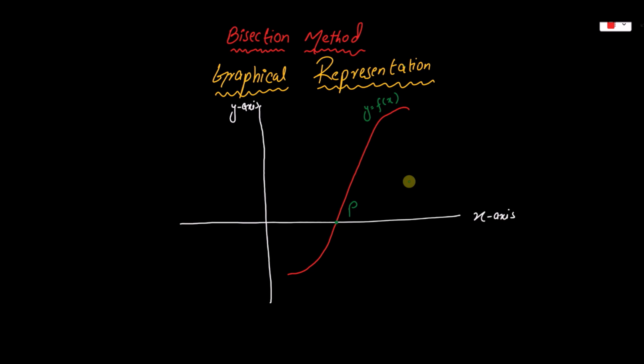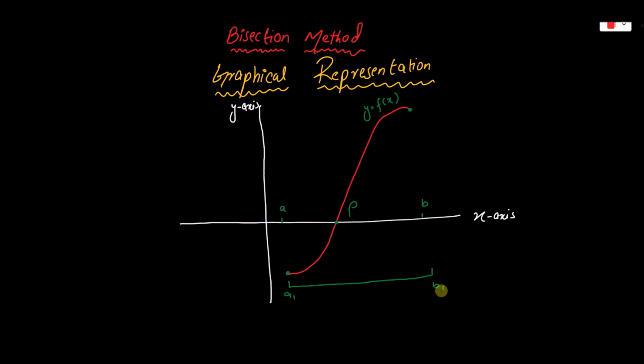The method begins with two points, A1 and B1. This is our point A and this is our point B. This is our interval, and we draw it from A1 to B1.